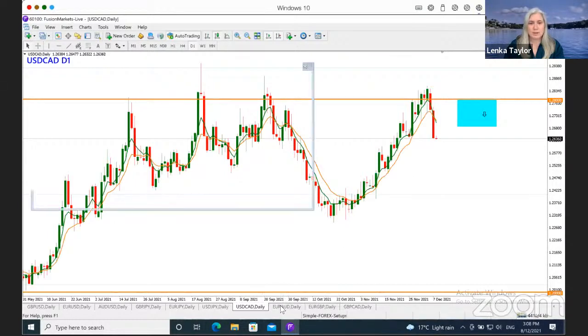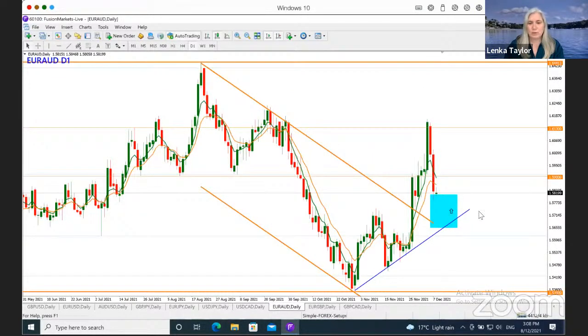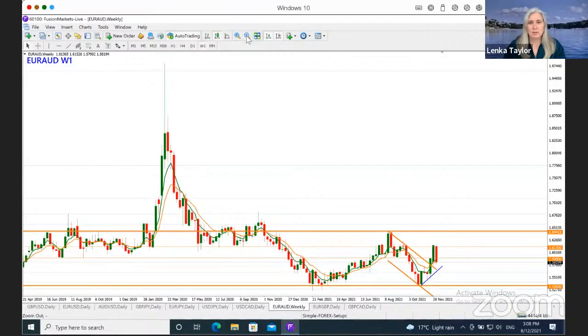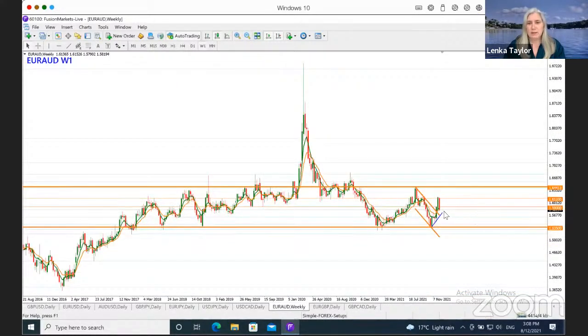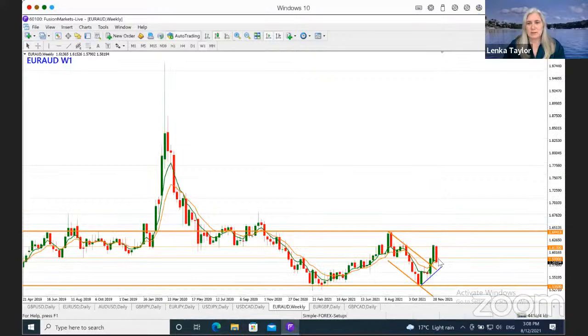Next currency pair I'm looking at is EURAUD. EURAUD, I'm looking for a long. So on the weekly, we're at the moment in the middle of this range, and I'm looking for a retest at the top of the channel and the top of that trend line.